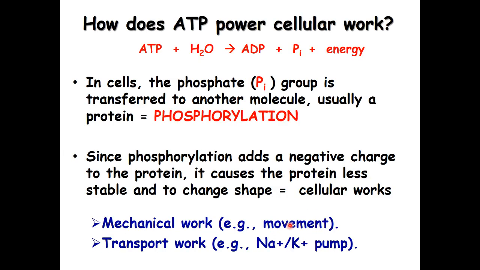So let's talk about cellular work. So what is cellular work? Well, it's work, right? Your cells constantly do a ton of stuff. Remember, I showed you that picture about how the cell is constantly transporting cargoes from the Golgi and making proteins and doing all sorts of stuff. So when ATP becomes ADP, I showed you that there's some energy that's released and there's inorganic phosphate, right?